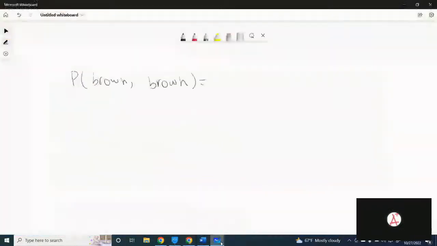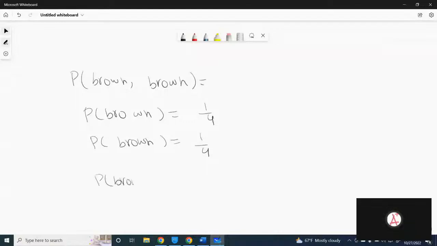For the first time, 1 over 2. And again, the probability of getting brown is 1 over 2. Got it? So the probability of getting brown and brown is 1 over 2 times 1 over 2. Got it? So it makes 1 over 4.